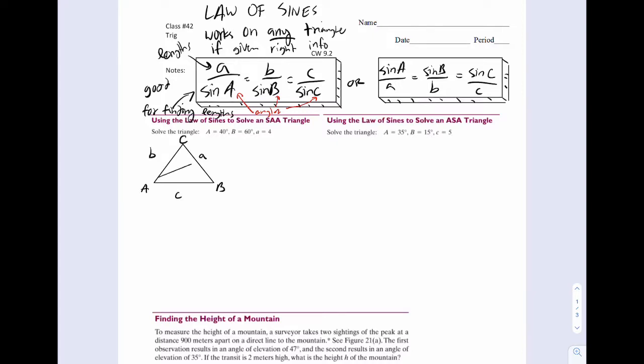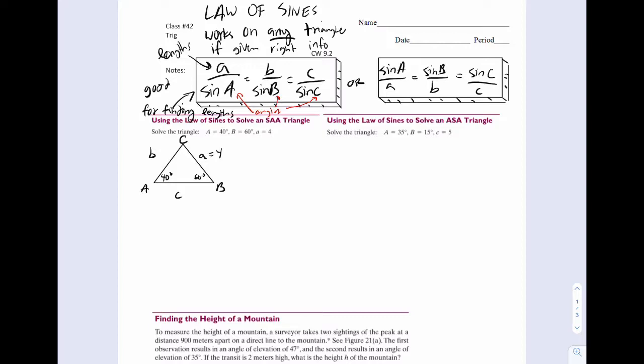Notice how angle A is directly across from side length a, B is directly across from b, and C is directly across from c. That has to be the case, however you label your angle. So make sure you do that. Now let me get rid of that to make it easier to look at. Let's label: A is 40 degrees, B is 60 degrees, and a is 4.